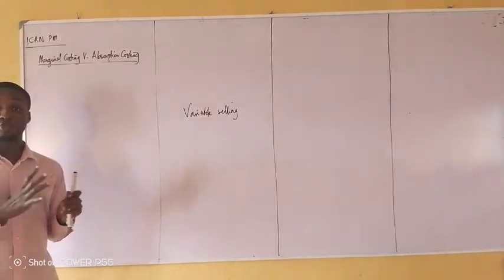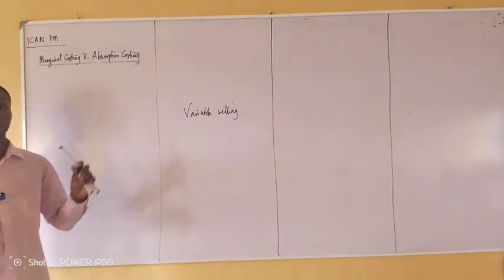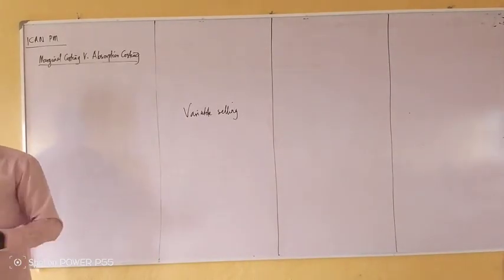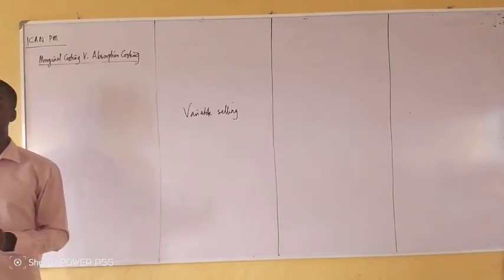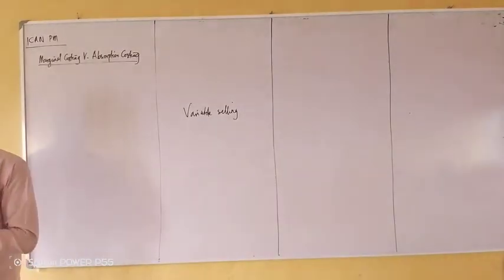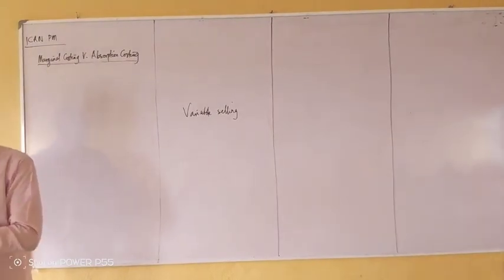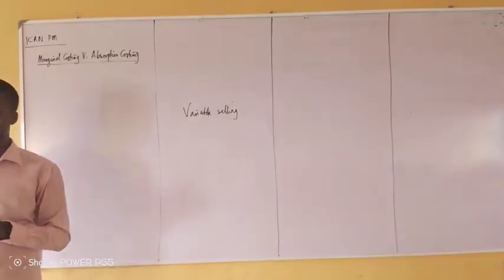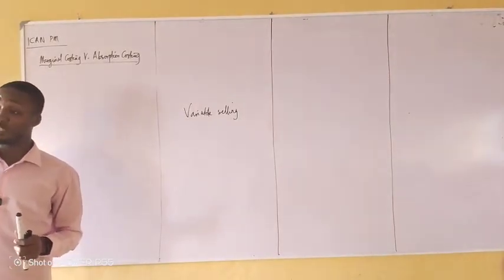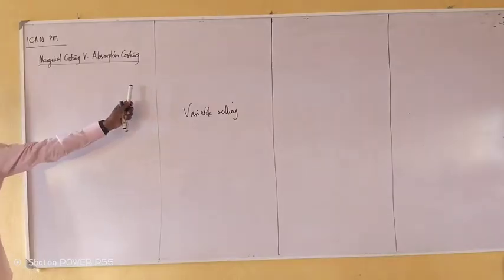But at this point, we just want to know the cost of producing, which for marginal would only include the variable cost of producing, while absorption will include both the variable cost of producing and the fixed cost of producing, but not the fixed cost of selling. So that idea of adding the fixed cost of producing is what differentiates marginal from absorption costing.